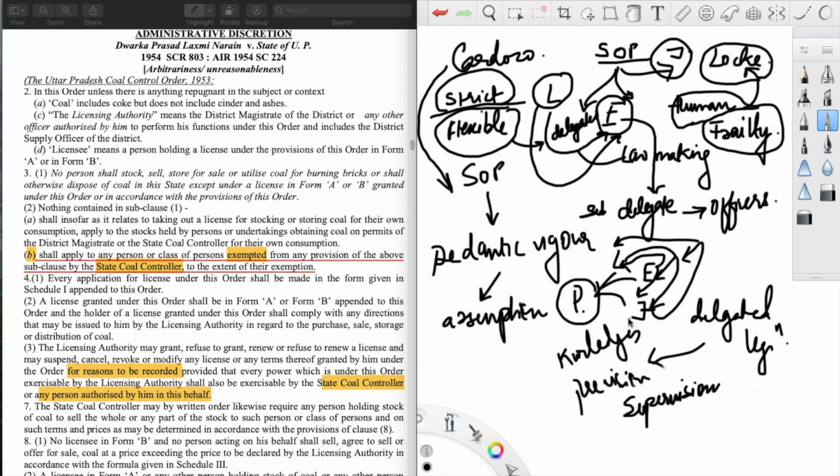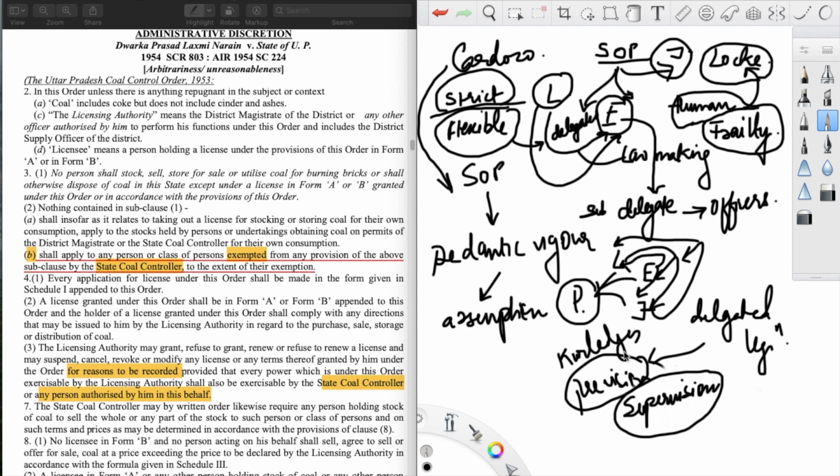The reason behind the delegation was that in areas which require knowledge of precision and also require constant supervision, it would not be right to presume that the legislature always possesses the knowledge of precision, and they will not be able to supervise those laws which they have made.